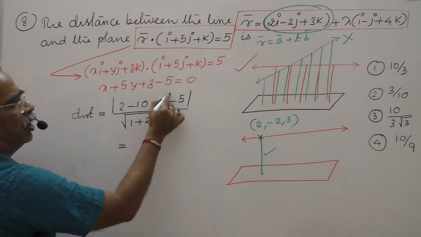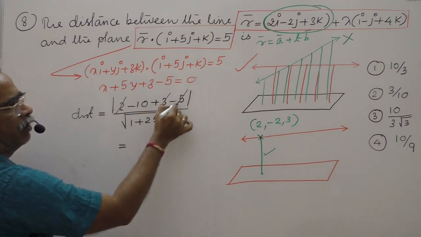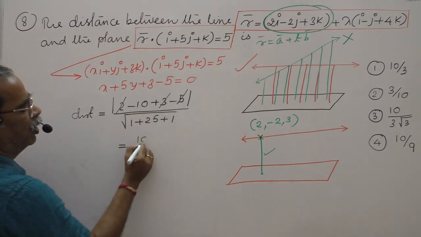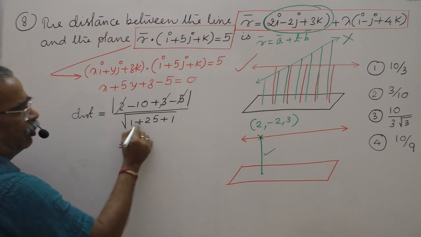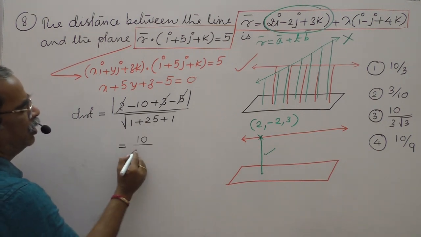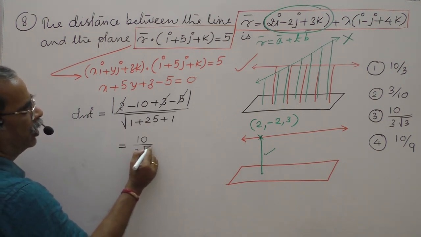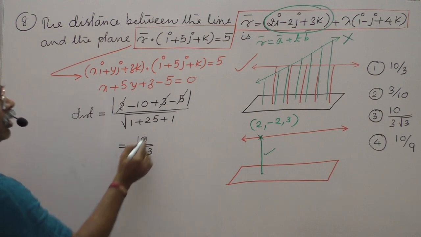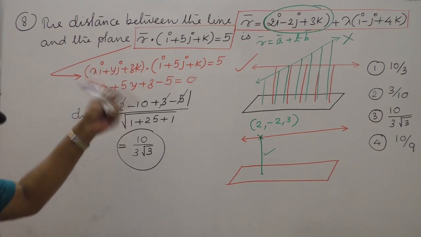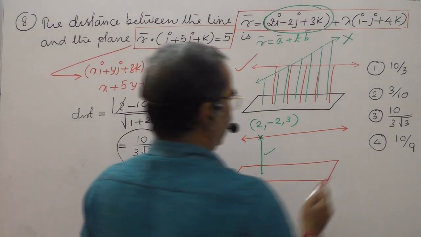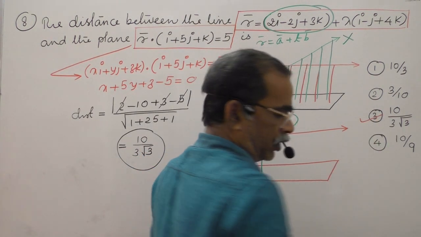Yes, here 3 plus 2, 5 minus 5 gets cancelled. We have only 10 in the numerator, mod is there, divided by what is this? Root 27. Root 27 is 3 root 3. Therefore this is the distance between the given line and plane. Therefore it is the third option.